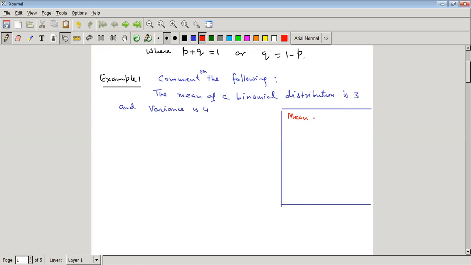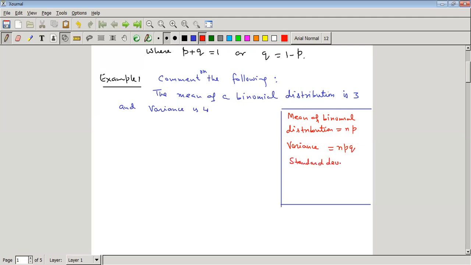Mean of binomial distribution is equal to n into p. What is variance? Variance is equal to npq. What is standard deviation?